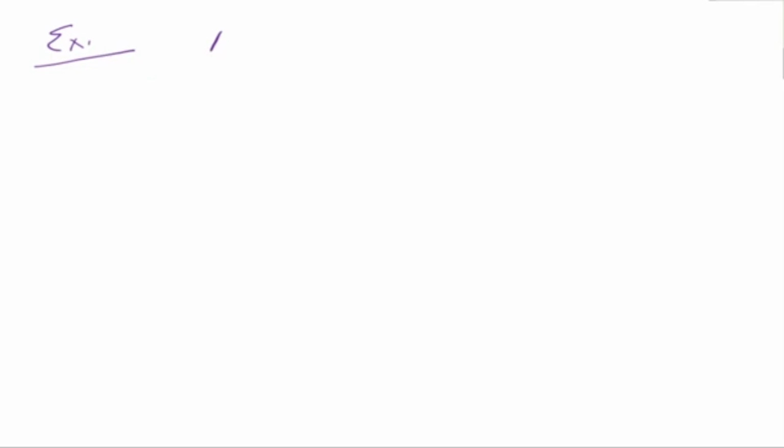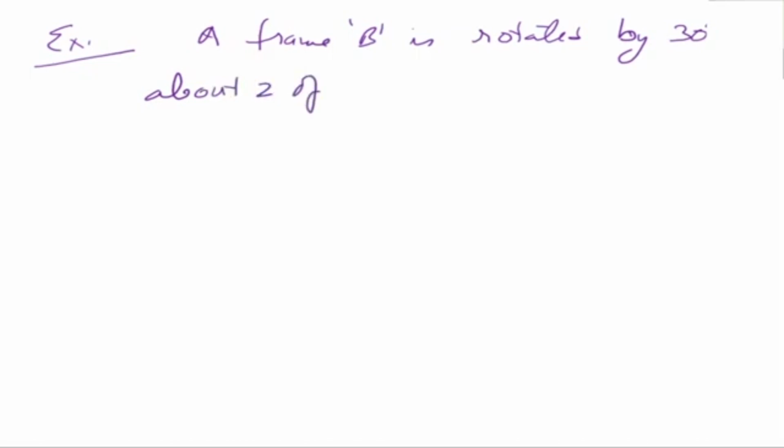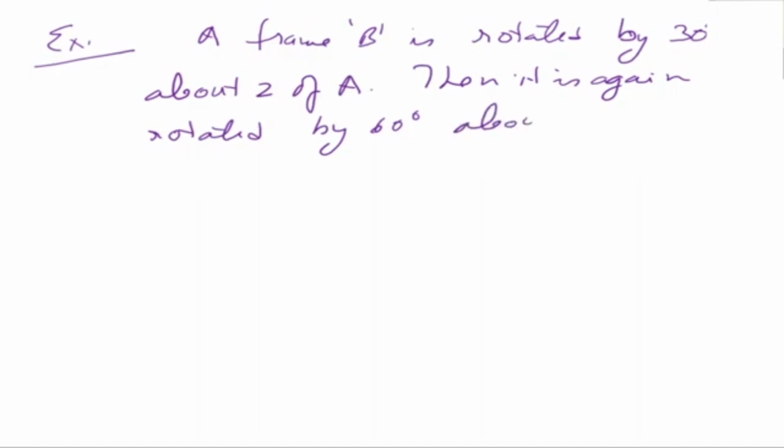So, a frame B is rotated by, let's say, 30 degrees about the z-axis of A. Then it is again rotated by 60 degrees about the x-axis of A. These are fixed frames.